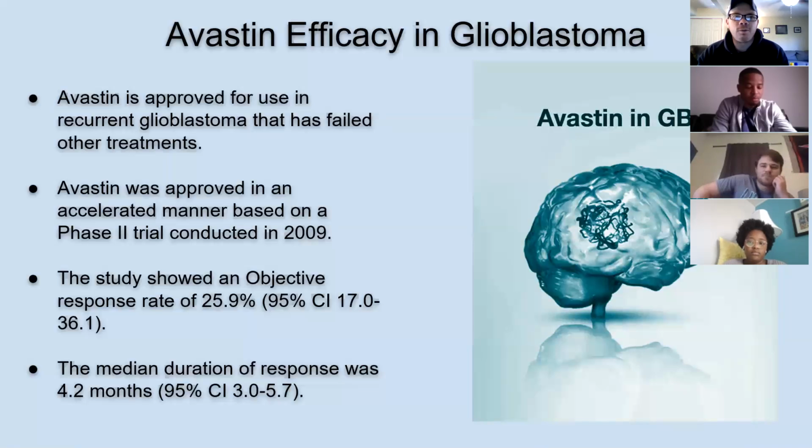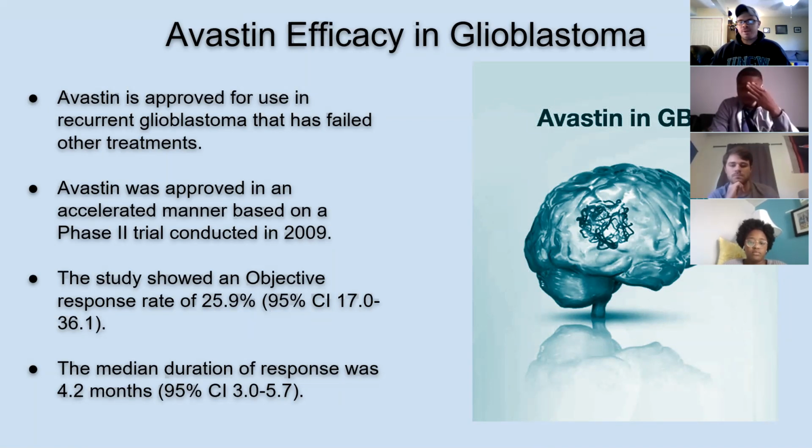All right. So, talking about Avastin and how effective it is in glioblastoma. Since people die so quickly, in about 15 months, they needed to find a way to treat it other than just traditional chemo and surgery, right?